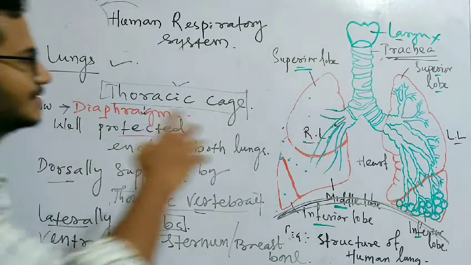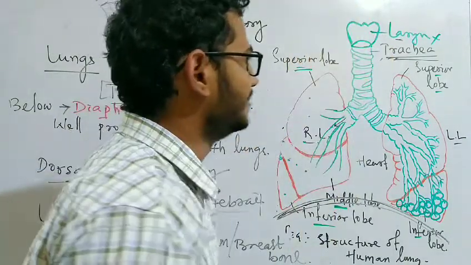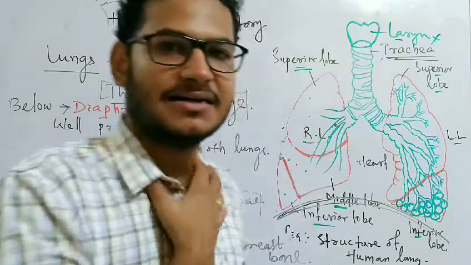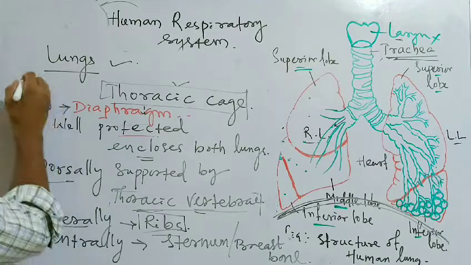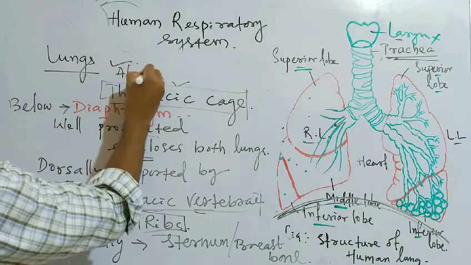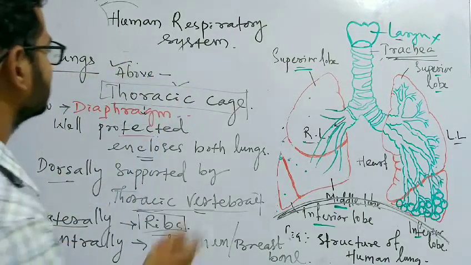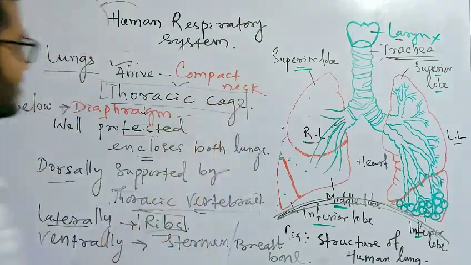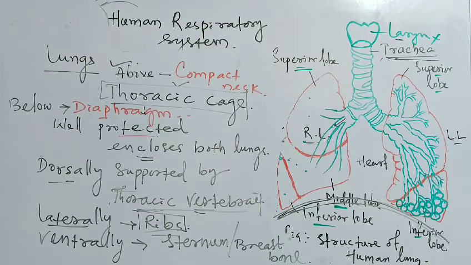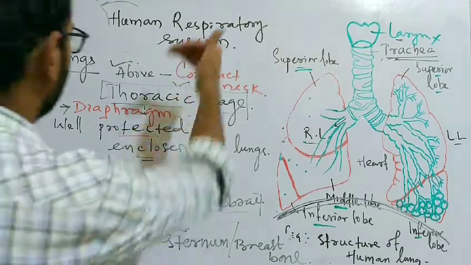Another important thing is that on the upper side the compact neck is there. That is why the compact neck also protects the thoracic cage on the upper side. The neck has an important role because it protects the cage from above.